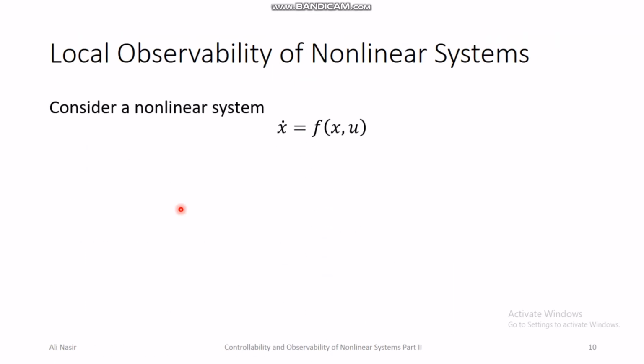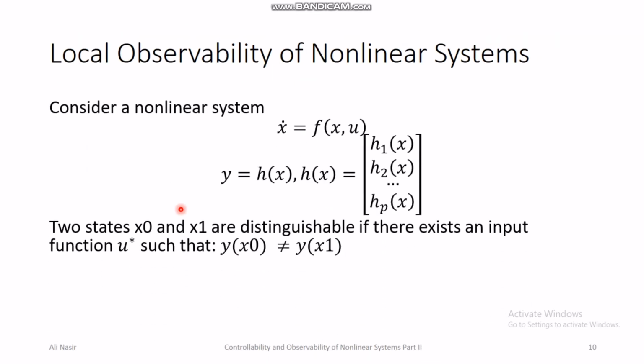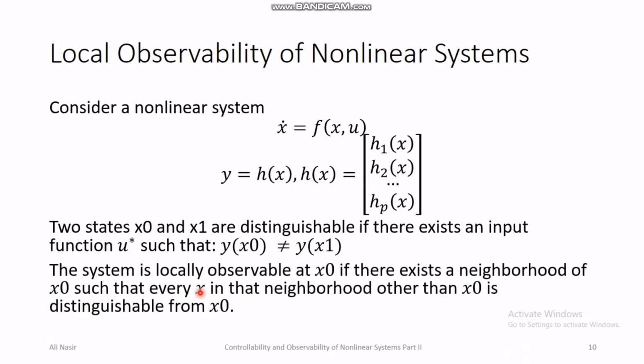So then we finally discussed the observability for nonlinear systems. We saw that two states are distinguishable if their corresponding output is not the same for at least some input function. And if all the states in the neighborhood of a state x0 are distinguishable from that state x0, then we say that the nonlinear system is locally observable around x0.